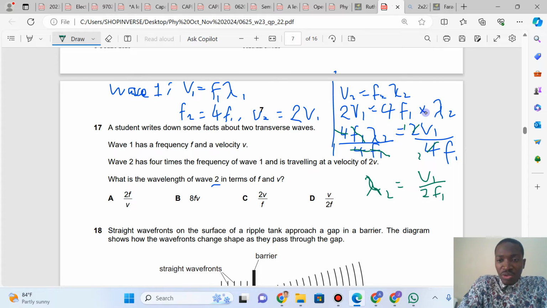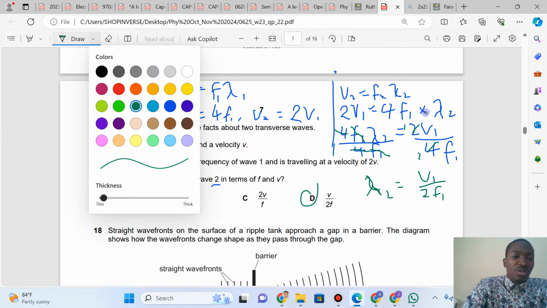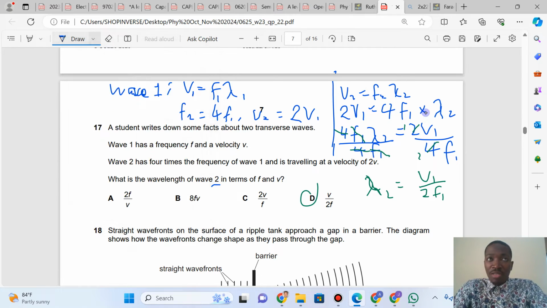Okay, that is V over 2F. This just means speed of wave 1 divided by 2 times the frequency of wave 1, which is option D, V over 2F. Which makes option D the correct answer to question number 17.